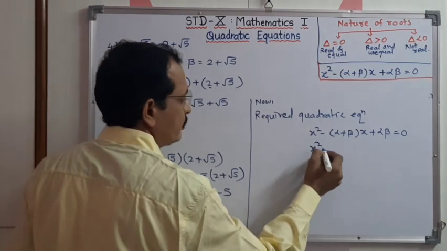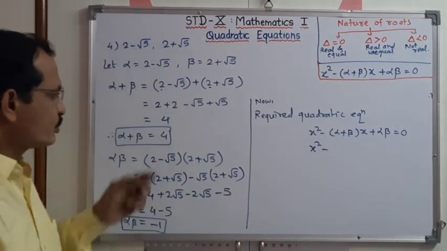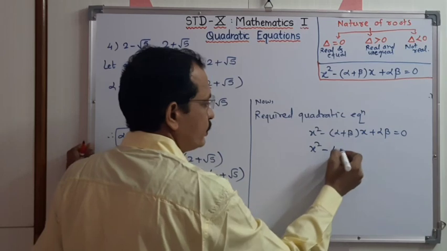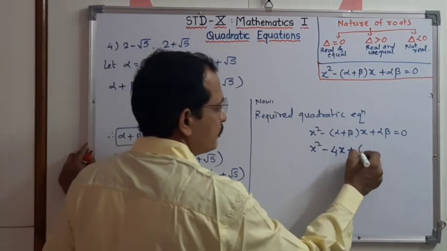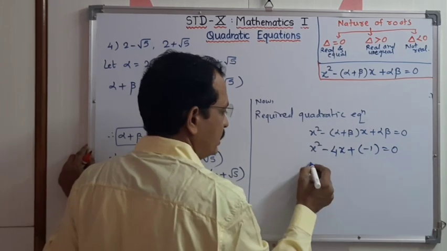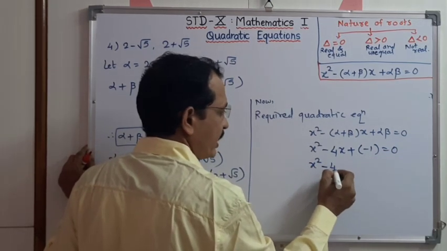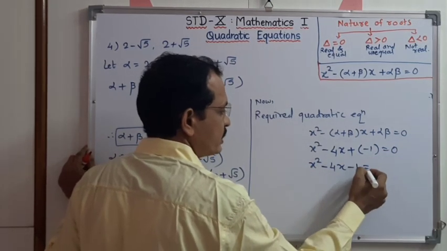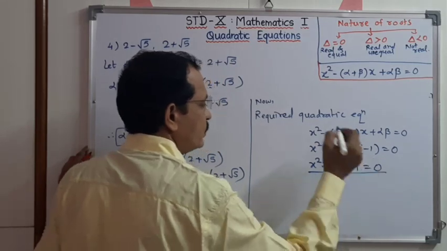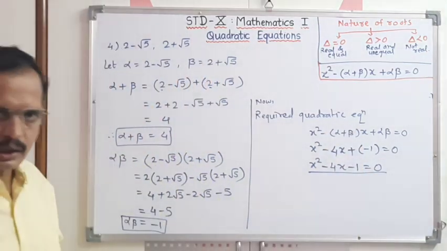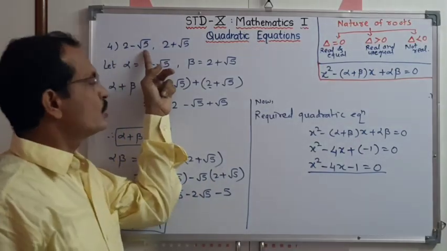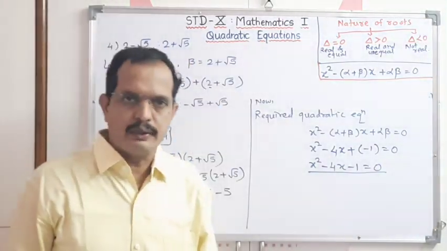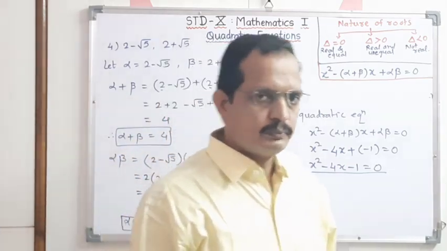Therefore x square minus (alpha plus beta, which is 4) x plus (alpha into beta, which is minus 1) equal to 0. Therefore it is x square minus 4x minus 1 is equal to 0. This is our required quadratic equation whose roots are 2 minus root 5 and 2 plus root 5.